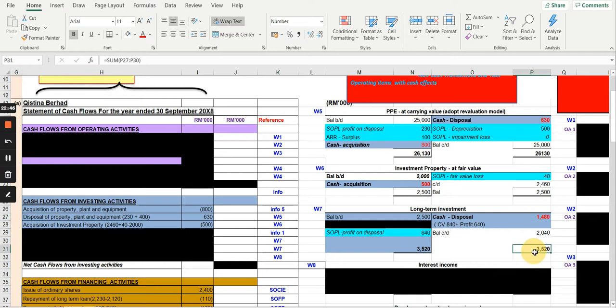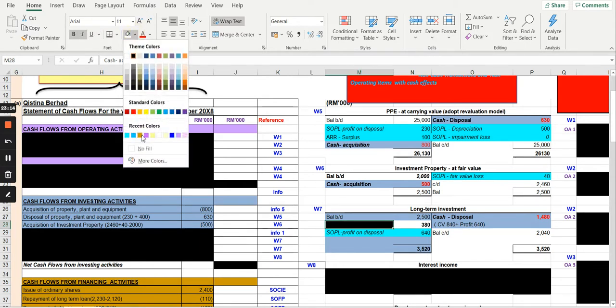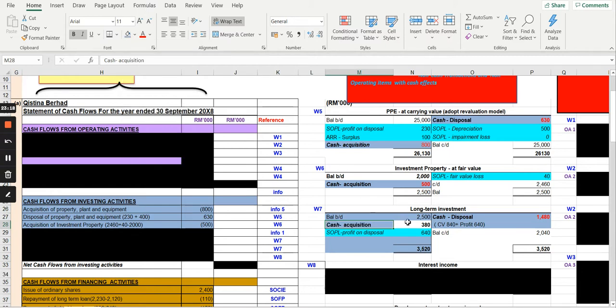On top of that, if you total up the credit side, you can see that there is a missing figure, and that missing figure is 380. That 380 is you take 3520 minus 640, this profit, minus 380 minus 2005, and this is actually relating to the acquisition of long-term investment. So that acquisition of long-term investment is 380.